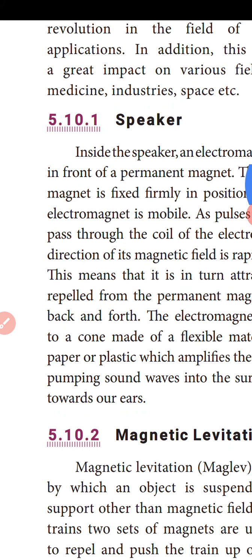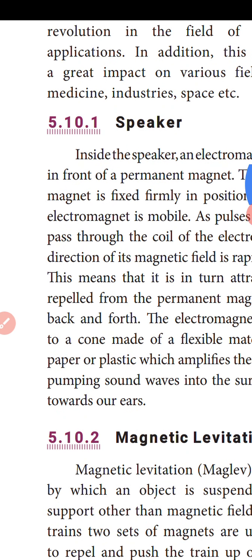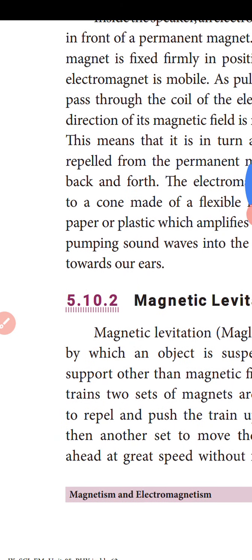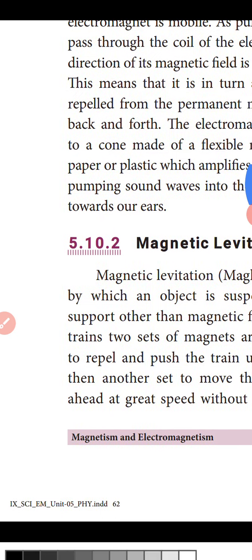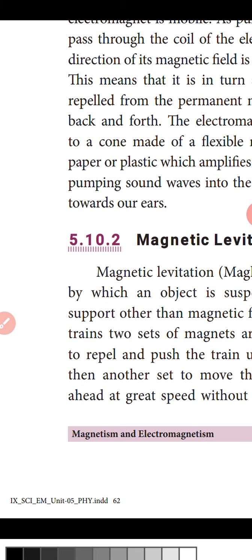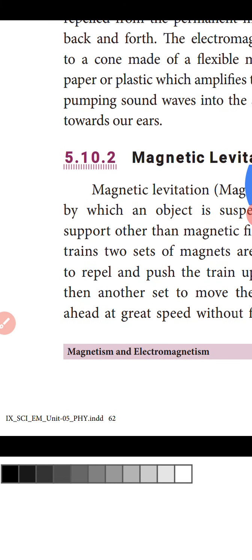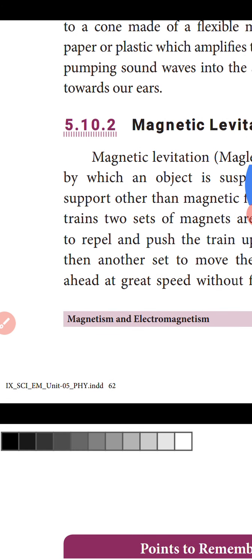This means that it is in turn attracted to and repelled from the permanent magnet, vibrating back and forth. The electromagnet is attached to a cone made of flexible material such as paper or plastic, which amplifies these vibrations, pumping sound waves into the surrounding air towards our ears.